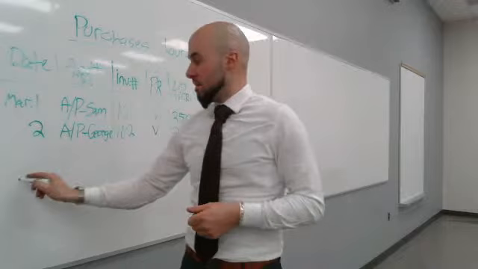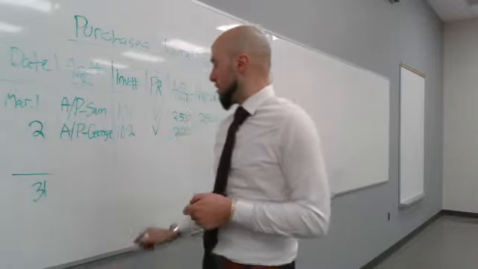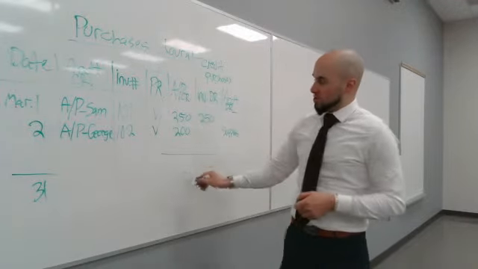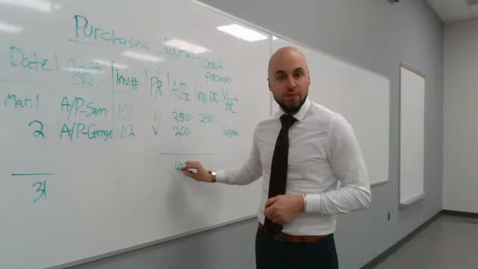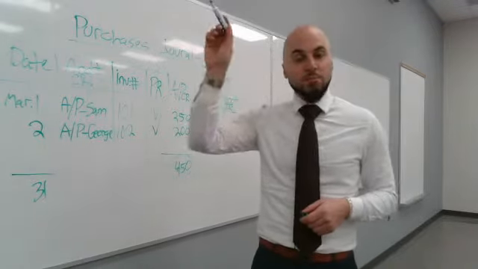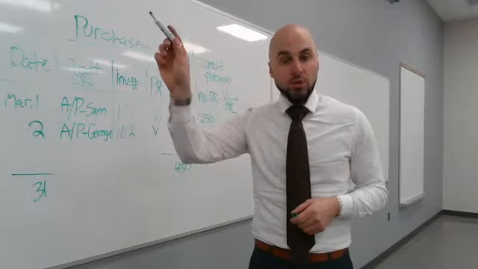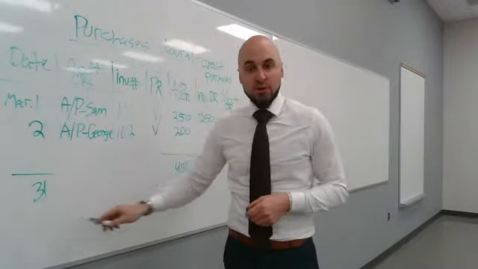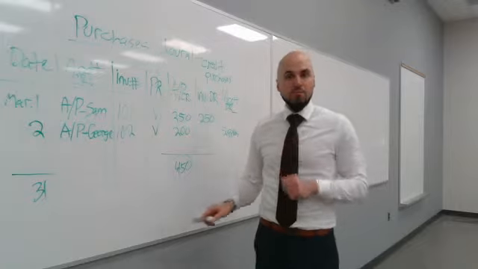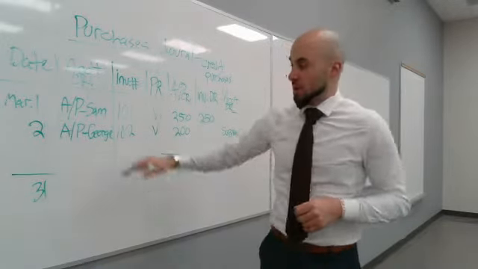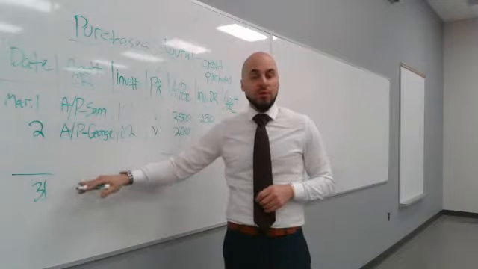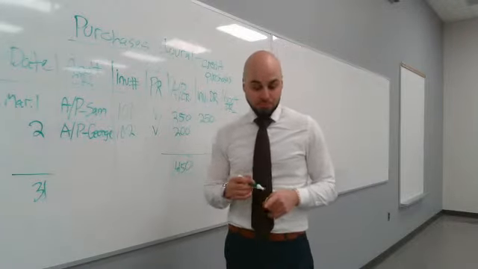Now let's say it is March 31st, end of the month. Get a total for how much is in accounts payable. In this case, $450. This $450 gets posted into that accounts payable controlling account on March 31st for $450. So as far as March goes, accounts payable only has the one number, even if we've made 1,000 purchases in this month.